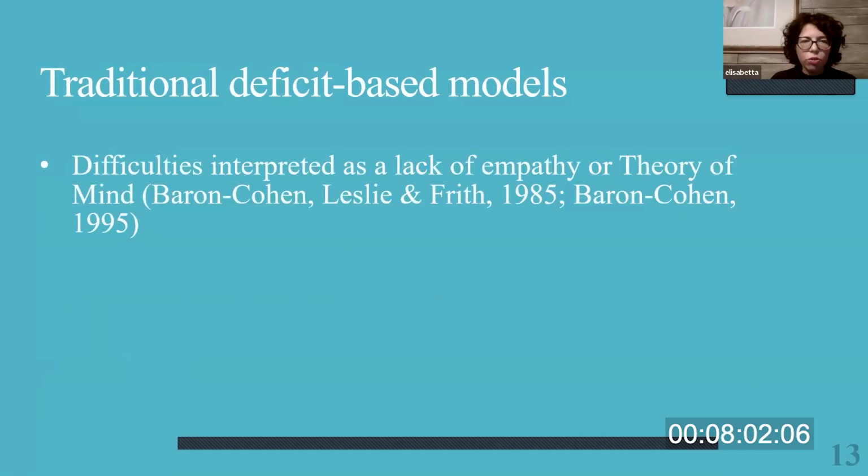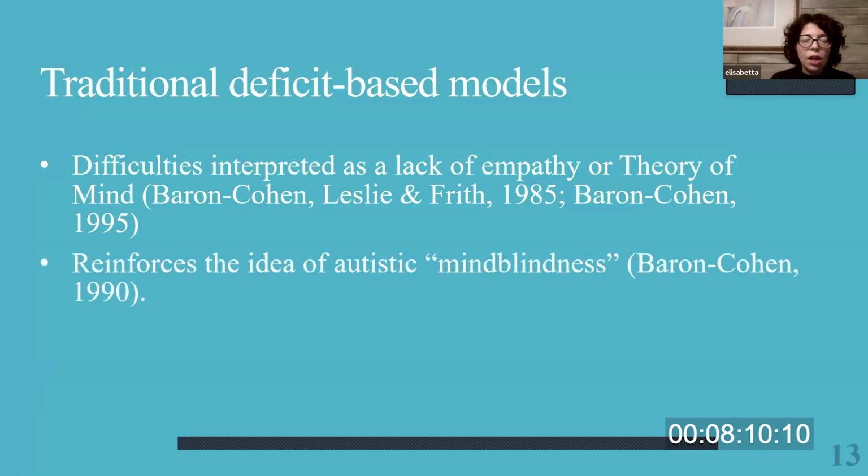Because according to this model, difficulties are interpreted as a lack of empathy or a lack of theory of mind. And this model reinforces, or I should say, reinforced in the past, because thankfully now things are different, the idea of autistic mind blindness.